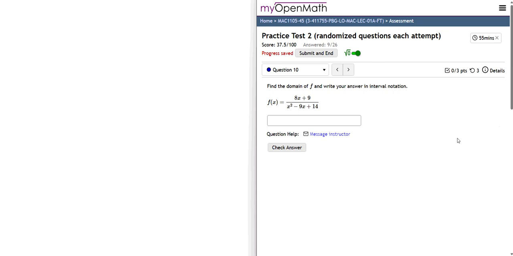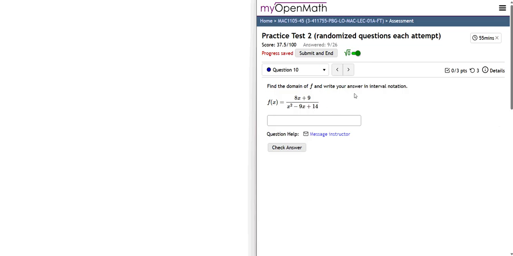All right, this one we're asked to find the domain of the given function given as an equation. Now, the only x values that you cannot plug into a rational function, which means it's a fraction with variables in the denominator, are those that make the denominator 0. So we have to be careful that the denominator can never equal 0 when we plug in values of x.